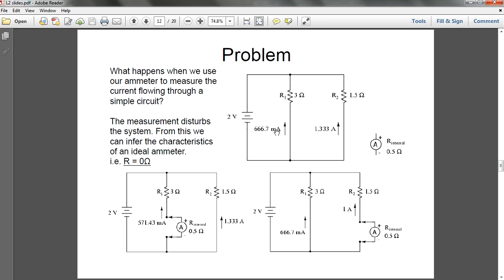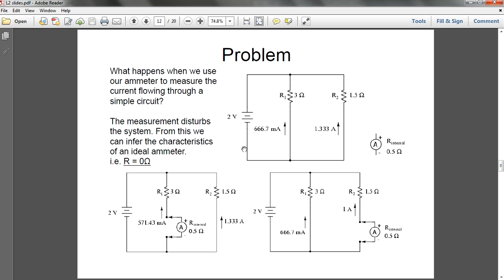So you put an ammeter over here. What you did is actually changing the current. In this case 666.7, you change it to 471.43. It's because the ammeter itself has a certain resistance of 0.5 ohm.